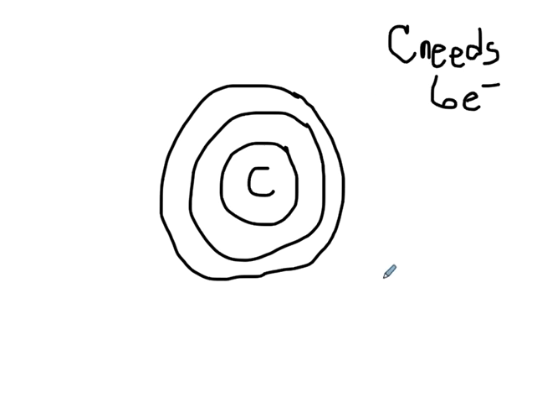Okay, keep in mind our first shell can hold a total of 2 electrons.